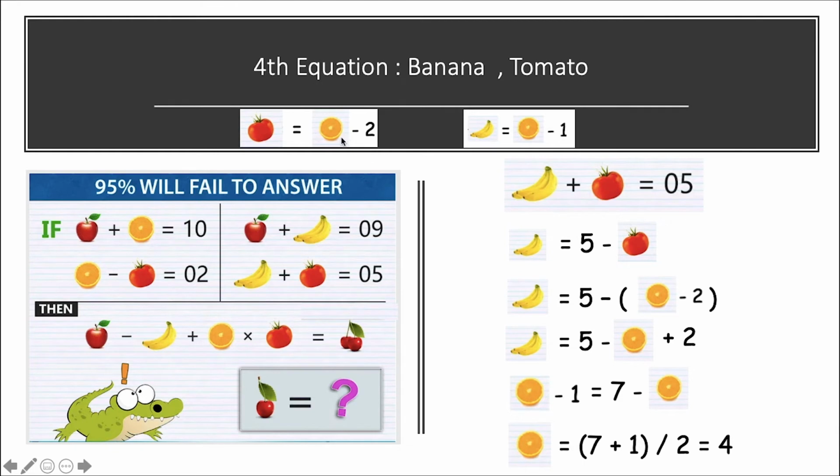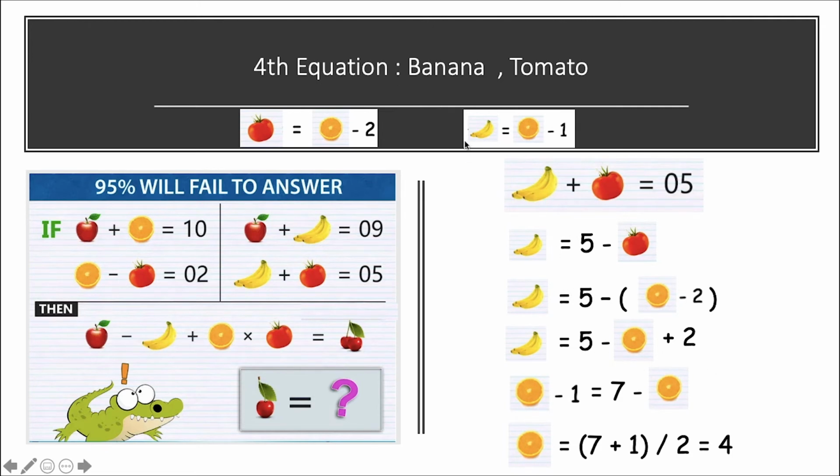Tomato is equal to orange minus 2, so I have written orange minus 2 here, and now I'll open the bracket. On opening the bracket, if the bracket has a minus sign in front of it, then all the signs inside the bracket become opposite. That means plus becomes minus and minus becomes plus. So this equation becomes 3 bananas is equal to 5 minus orange plus 2.